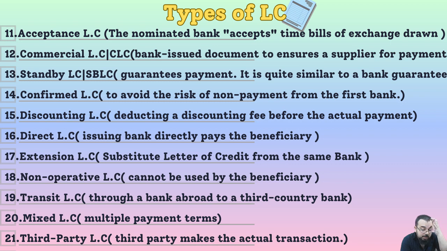Mixed payment LC. Such LCs can have multiple payment terms as well as multiple payment methods. For example, 50% of the payment happens at sight, another 25% payment occurs after 30 days of shipment, and the remaining 25% payment will happen on receipt of the shipment.